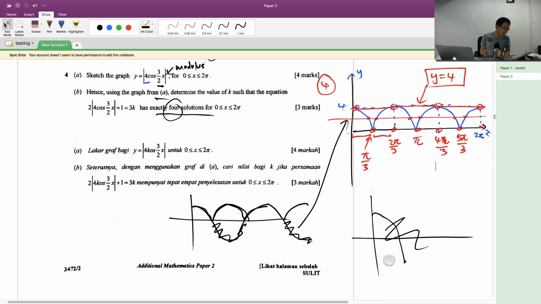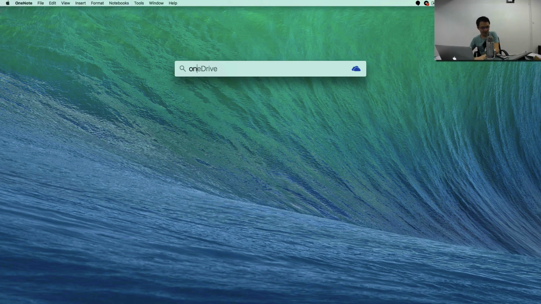Alright, if you understand this, I will solve this equation. Since we know this whole thing here is y, I can scale this by 2, so 2y. And then this one should be minus, right?